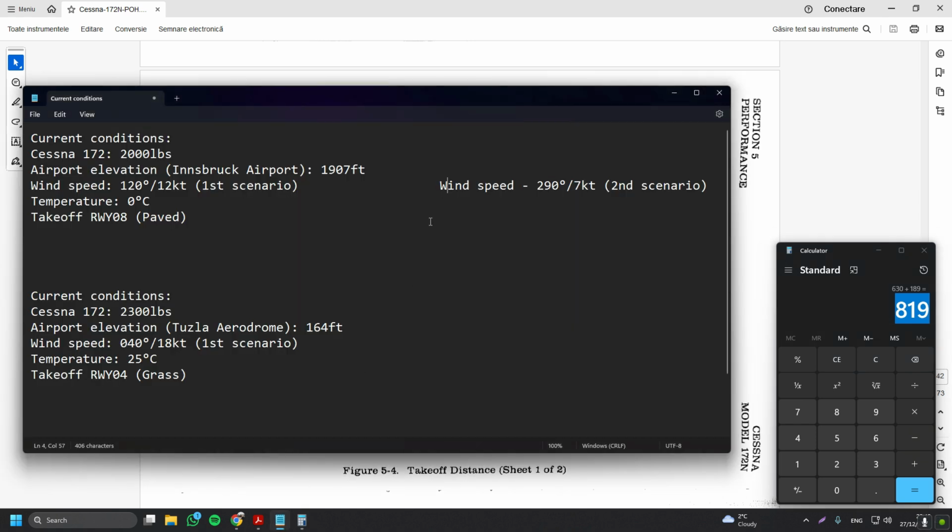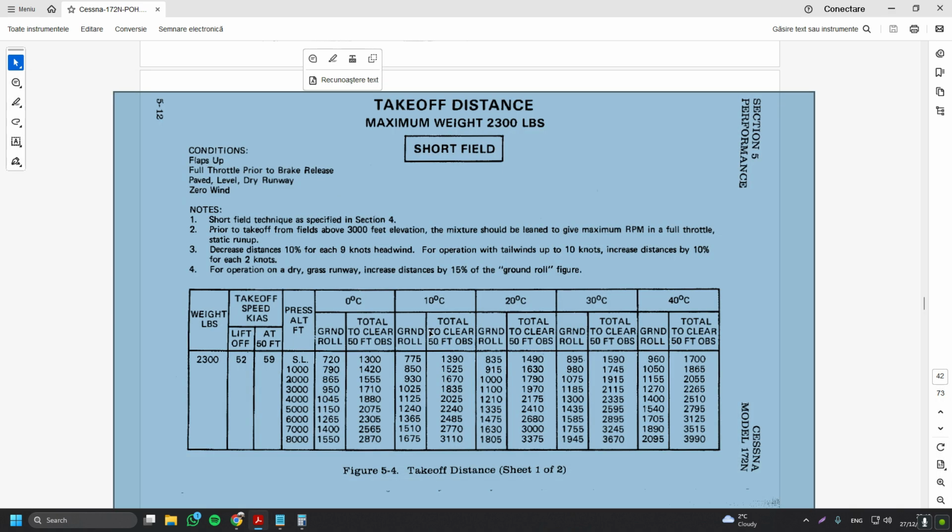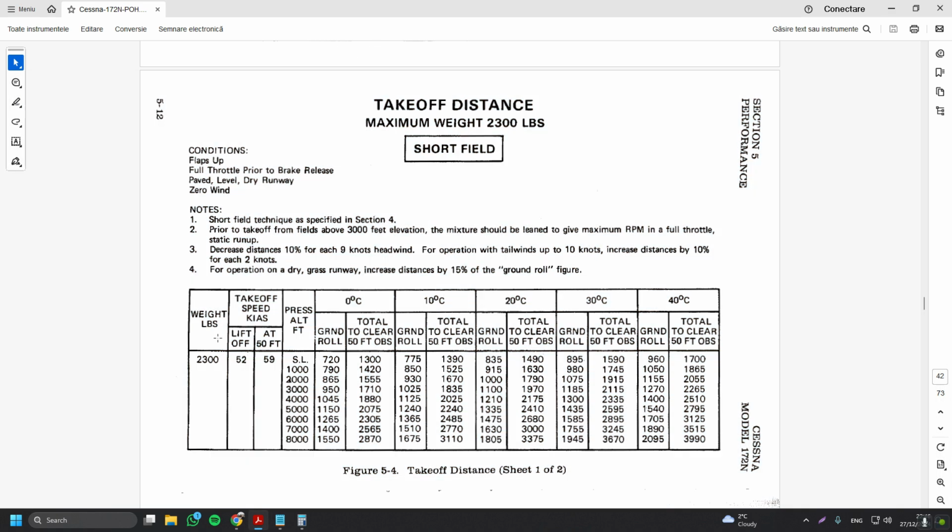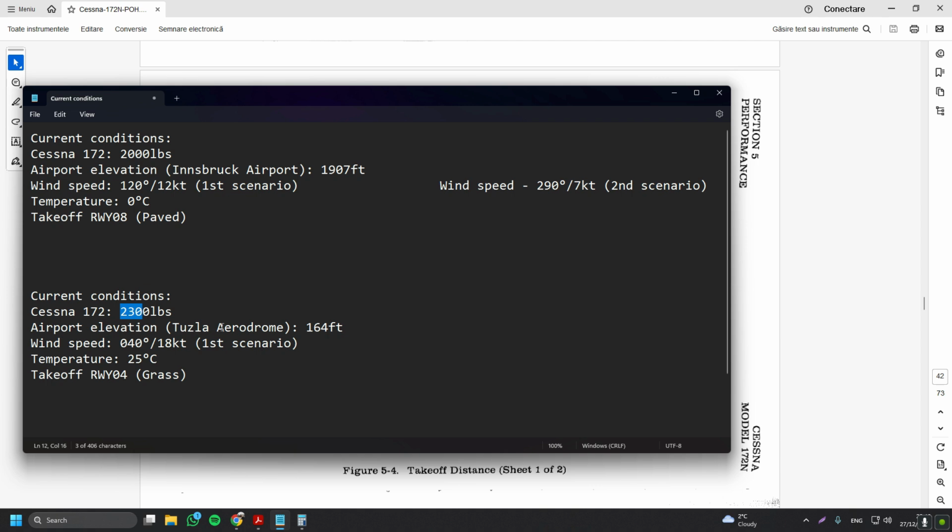Now, let's switch the airports. Let's switch the scenario. We also have a Cessna 172, which is 2,300 pounds, so the maximum takeoff weight. We are departing from Tuzla Aerodrome, which has an elevation of 164 feet, basically at sea level. 164 is closer to 0 than 1000, so we'll use sea level this time.